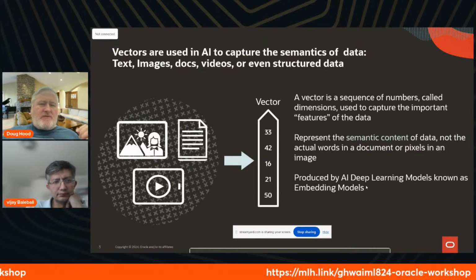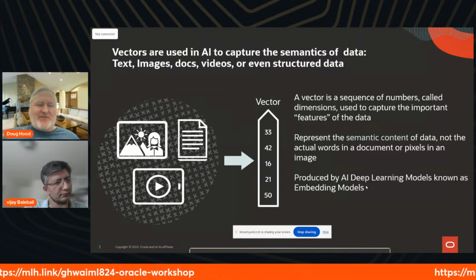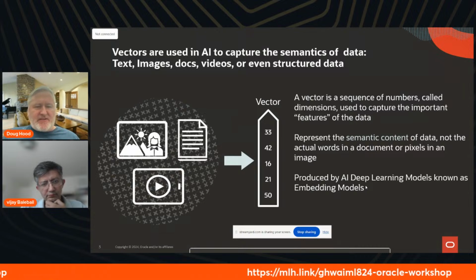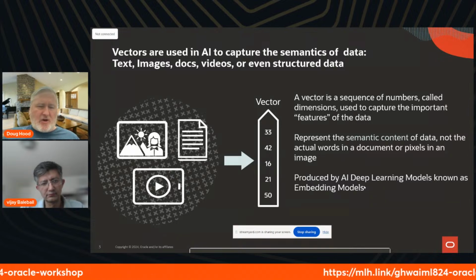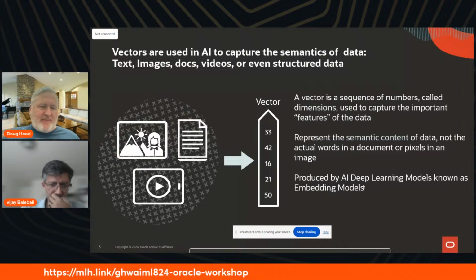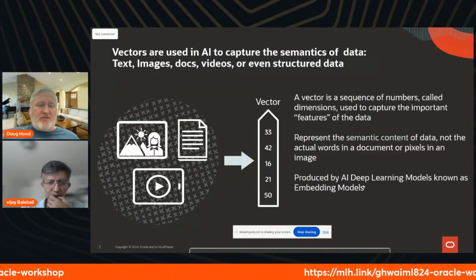One of the useful things about using vectors is that you can use vectors to do search for unstructured data. Because if you have text, images, audio, or video, how do you sort or search those things? It's just too hard to figure that out. But it turns out if you can encode or convert those different unstructured things into a bunch of numbers or vectors, it suddenly becomes easy to search and sort those things.